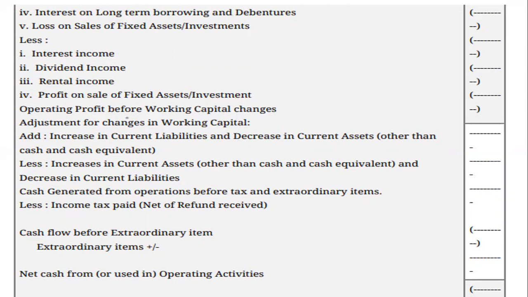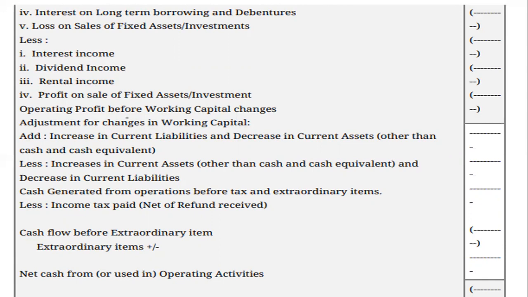Then there will be working capital changes. Here also the same funda: whatsoever are favorable things will be added and unfavorable things will be deducted. As we have seen in the previous part, all the non-cash expenses are added, extraordinary incomes are also deducted.